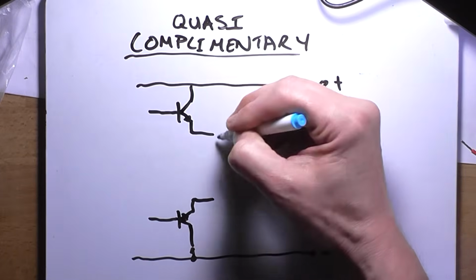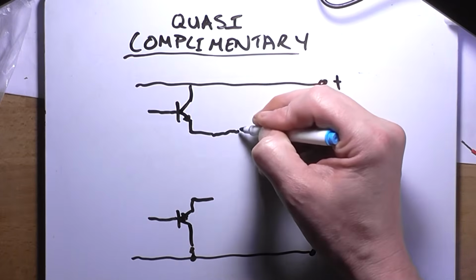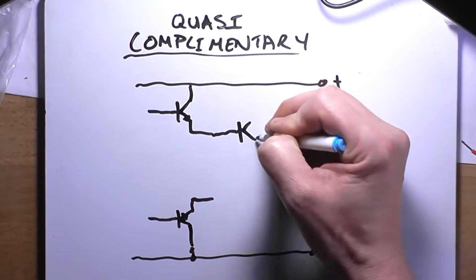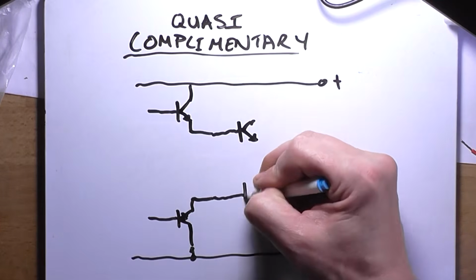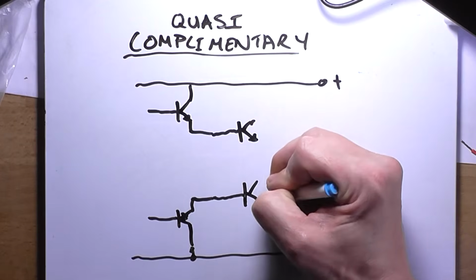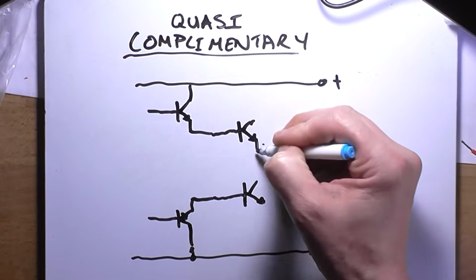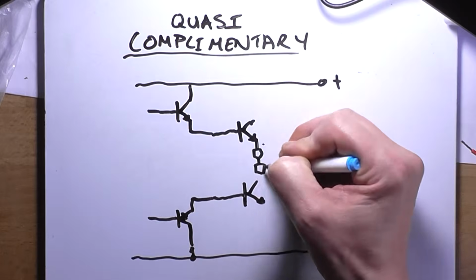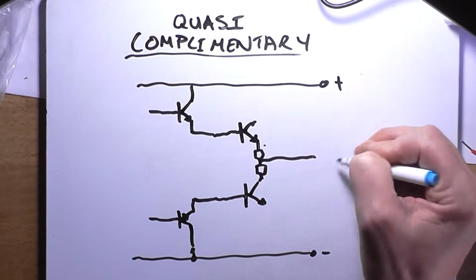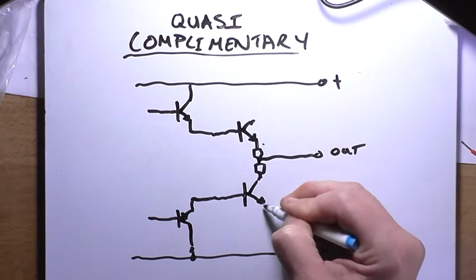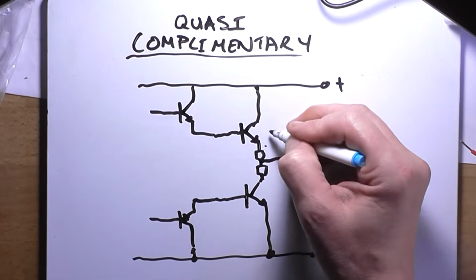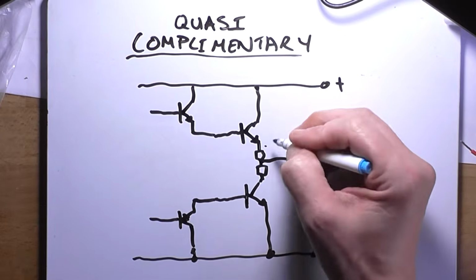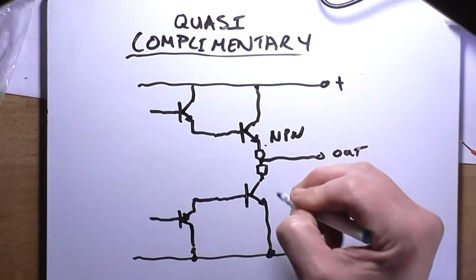But it's the way that we drive the output transistors and the type of output transistor. So in this case, we have two transistors with some degeneration between the two. That forms our output. And in this case, both output devices are NPN.